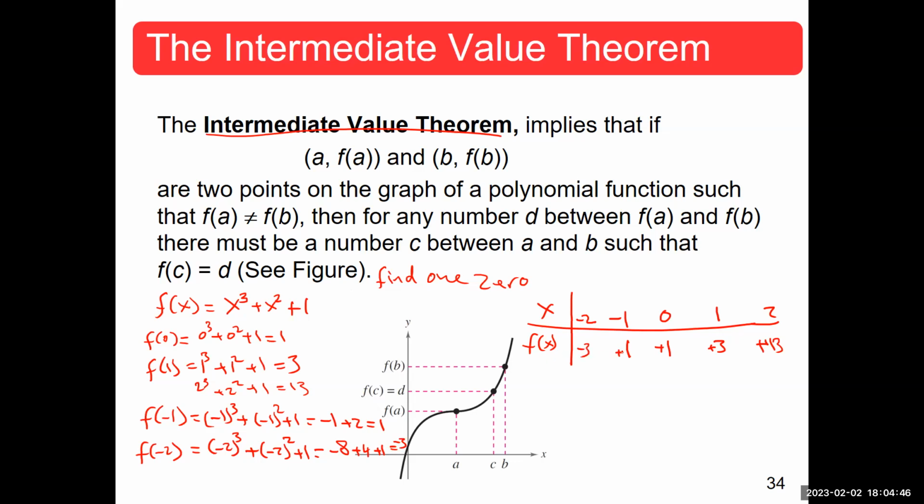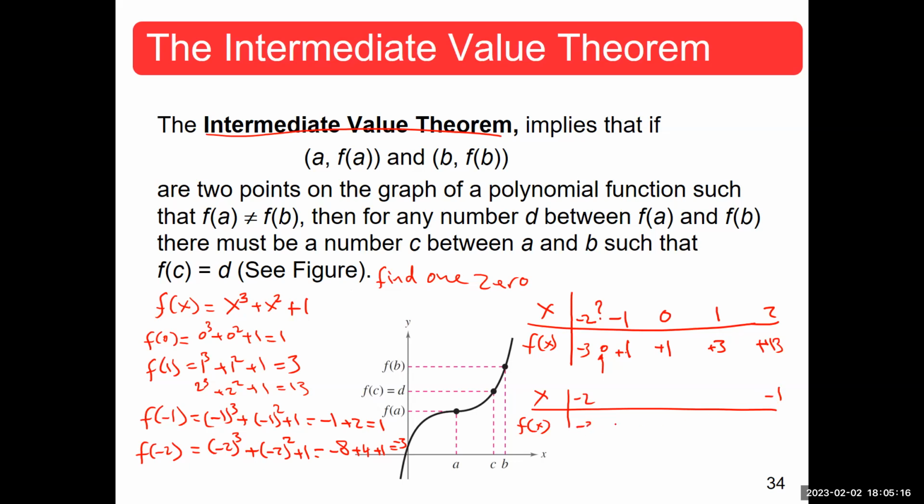Now, the y value changed from positive to negative, or from negative to positive. So somewhere in here, between those two numbers, I have 0. So what is the value of x? That's the deal. I have to make another table, x and f(x), and expand this one, negative 2 to negative 1.